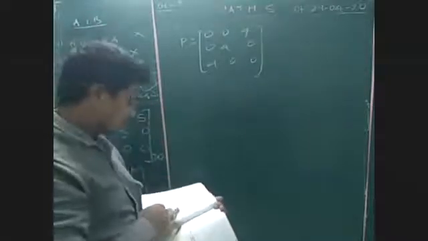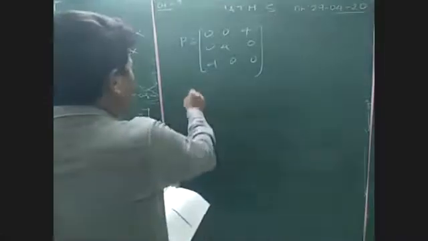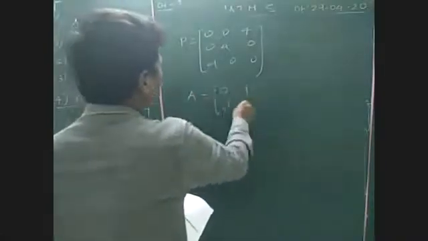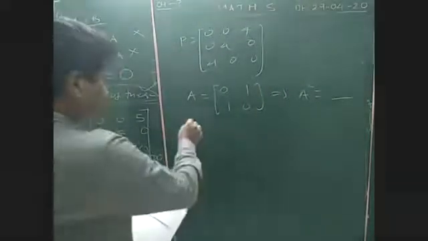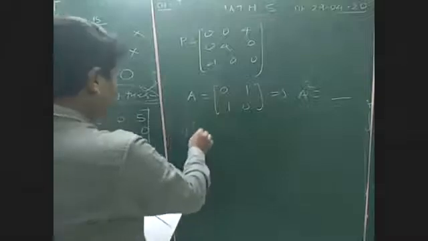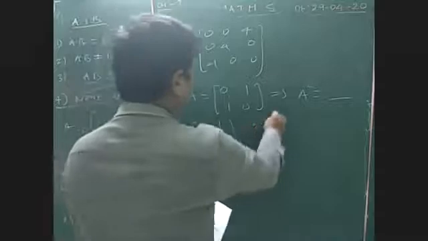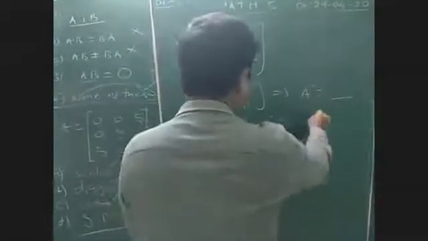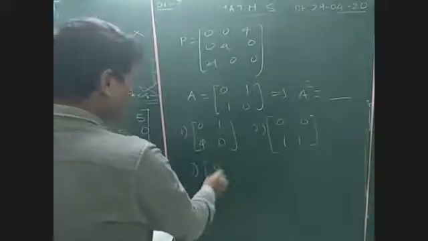Square matrix. Okay. And the next question: when A is equal to 0 1, 1 0, then A square is equal to what? Option one is 0 1, 1 0. Option two is 0 0, 1 1. Option three is 0 0, 1 1.